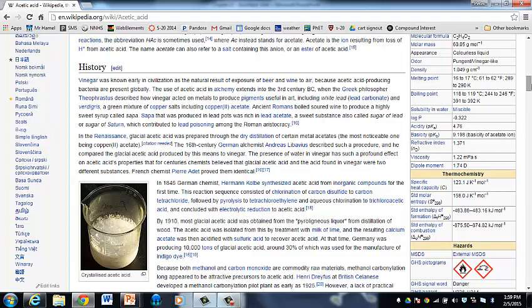One thing that I haven't taught you yet, but in the last lecture I did teach it: this thing here, pKa, is the negative log of Ka. So 4.76 means the Ka of this is 10 to the negative 4.76.